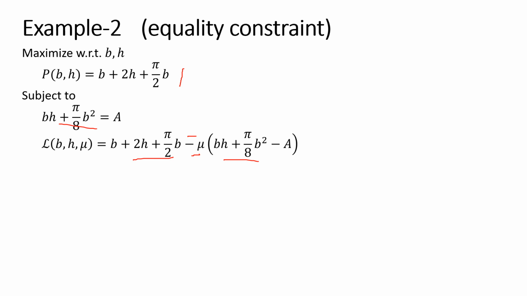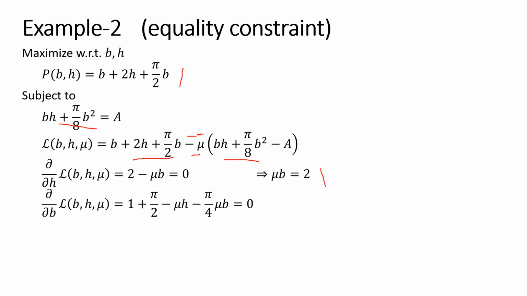It really doesn't matter because mu can be both positive and negative. Taking the derivative with respect to h, now that's the first stationary condition, we get 2 minus mu b equals 0, whence mu b equals 2.